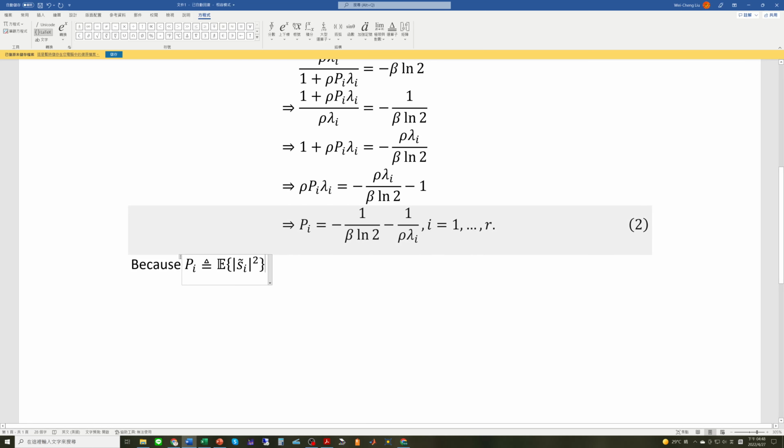So it is greater than or equal to 0. Of course, because power is always greater than or equal to 0.